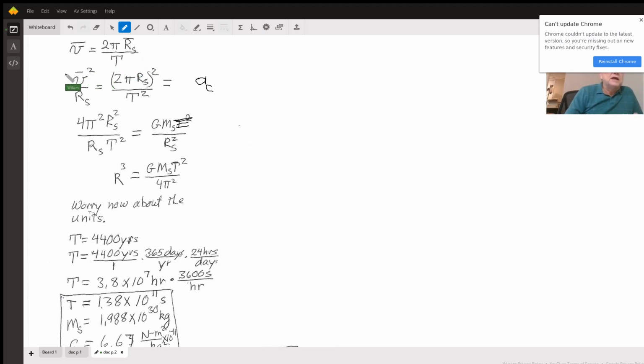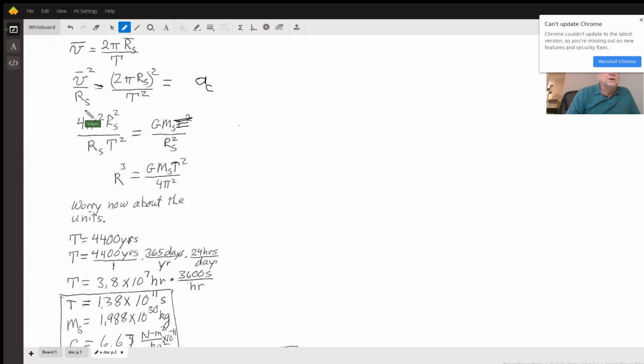So anyway, we can now do some work with the centripetal acceleration, which is equal to v squared over rs for a circular orbit, and 2 pi rs squared over the square of the period should give us some interesting things.